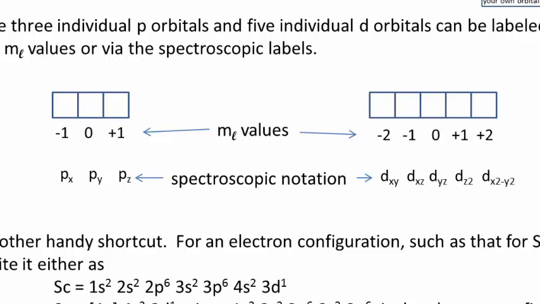It's arbitrary which one we call PX, PY, PZ with respect to -1, 0, and +1. They're just different labels. Similarly, for the d orbitals, we can label these -2, -1, 0, +1, or +2, or we can call them by these other descriptors: dxy, dxz, dyz, dz squared, and dx squared minus y squared.